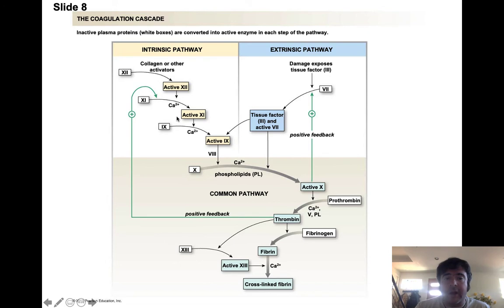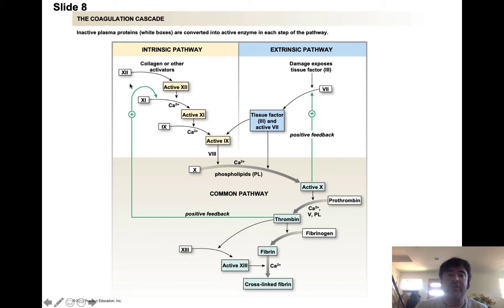Another thing I want to highlight is that calcium functions as what's called a cofactor, and calcium is often necessary to convert inactive forms of clotting factors into active forms. So calcium plays a really, really important role in blood clotting.